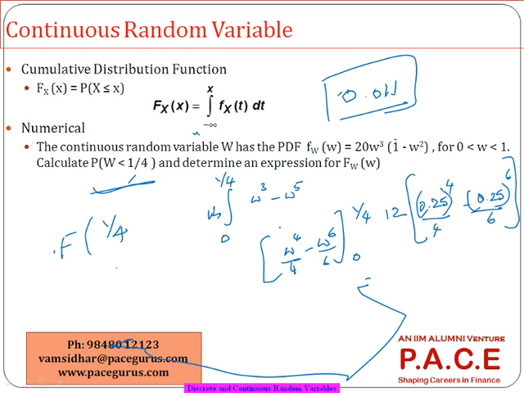Once you know that, check whether you are able to find the probability distribution function and cumulative distribution function. For discrete, the simplicity is in just summing up and easily finding the probability values, whereas for continuous, you need to be comfortable with the integration part.